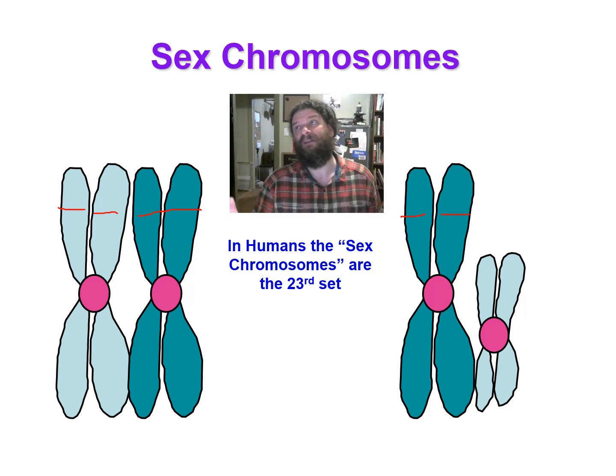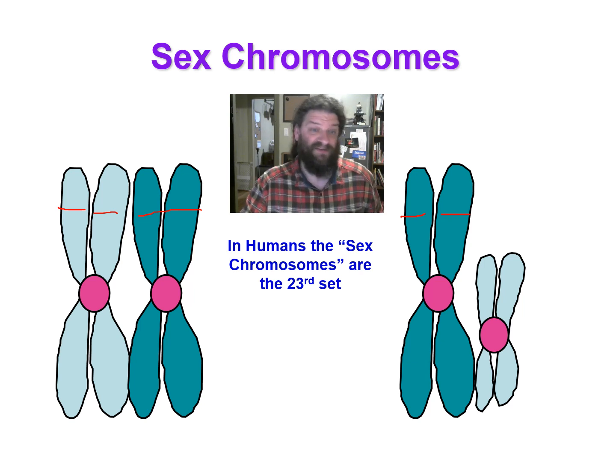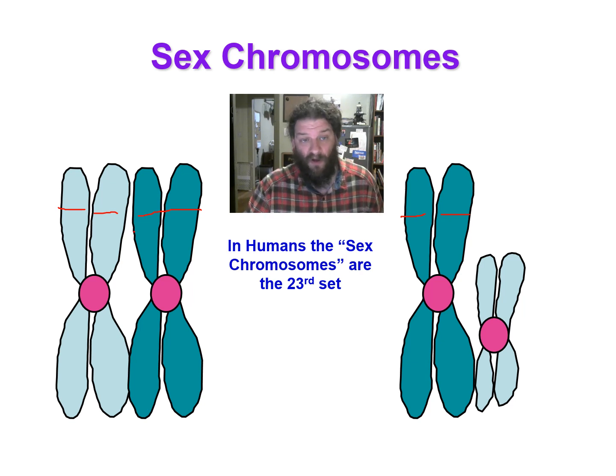Now, it might be tempting to think about all body traits being on the autosomes and all of the genes for peepees and hoo-ha's being on the X and Y chromosomes. They are not. I just identified a gene that's actually on an X chromosome, which is a gene for a clotting factor. There are a whole host of genes on the sex chromatids that have absolutely nothing to do with sex.